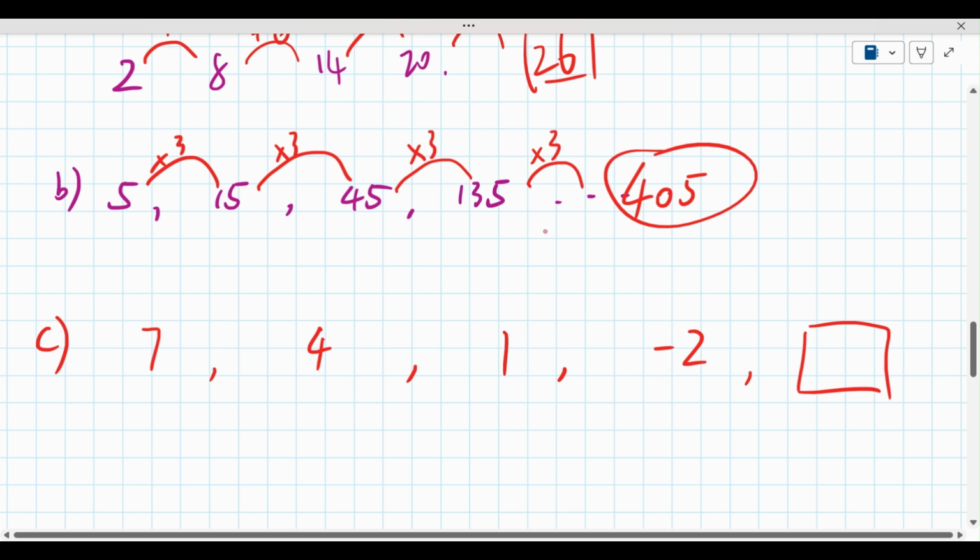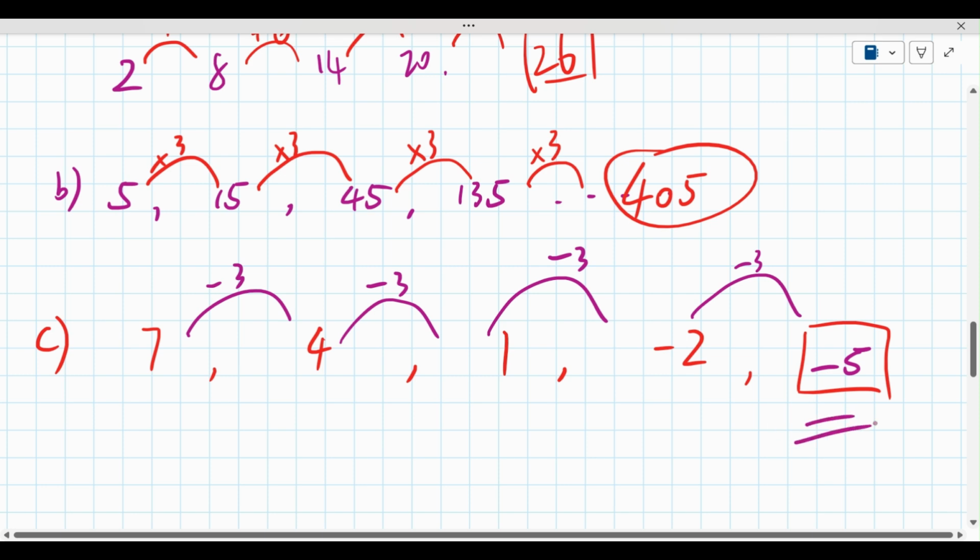It looks like subtracting 3. So minus 3, minus 3, and minus 3. Negative 2 minus 3 equals negative 5. So negative 5 is your right answer.